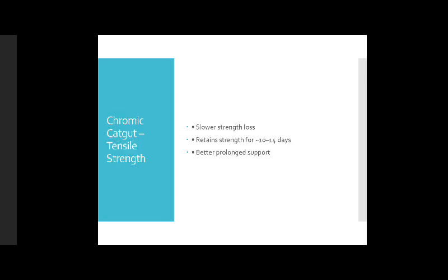What is the tensile strength of chromic catgut? It has slower strength loss, retains strength for 10 to 14 days, and gives better prolonged support. Now, what is the absorption profile?